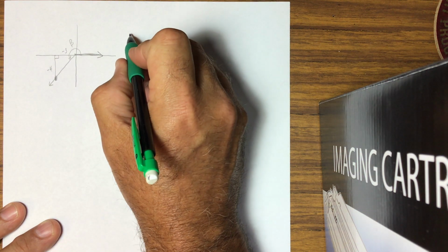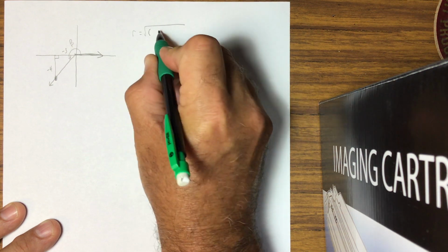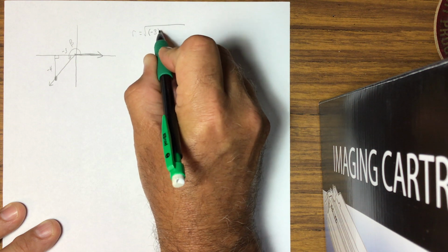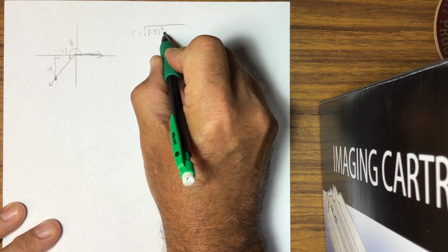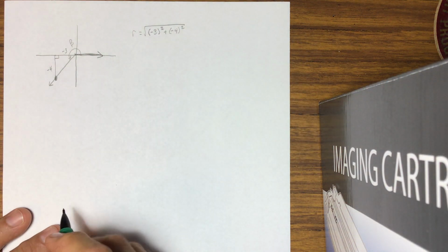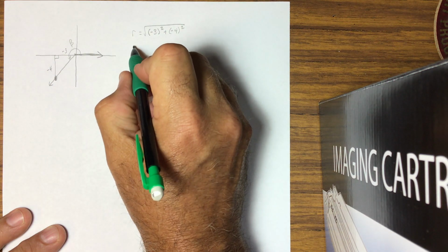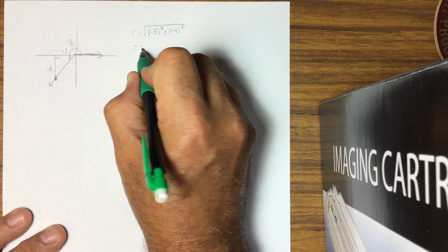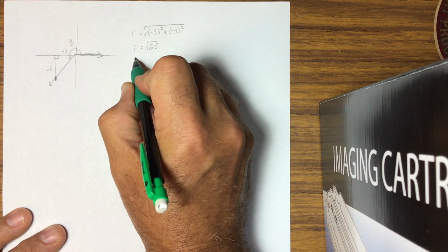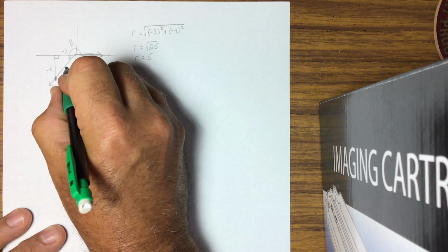So if I go up and I do my calculations, remember r equals the square root, parentheses are important here, of -3 squared, which is x squared, plus -4 squared, which is y squared. Now, if I run this through the Pythagorean theorem, r is going to equal the square root of 25, so r is equal to 5. So this distance here is 5.